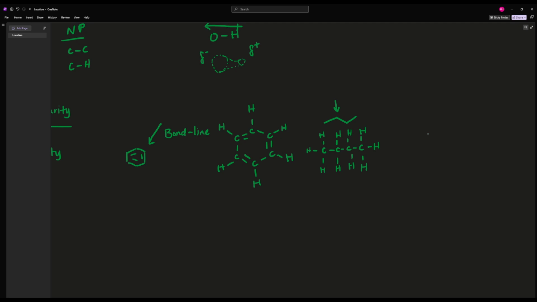Now, when you start to add in more heteroatoms, including oxygen and nitrogen, they will be explicitly drawn in. Let's take propanol. Propanol, whew, it's been a while. Propanol has 3 carbons and 1 oxygen and hydrogen.